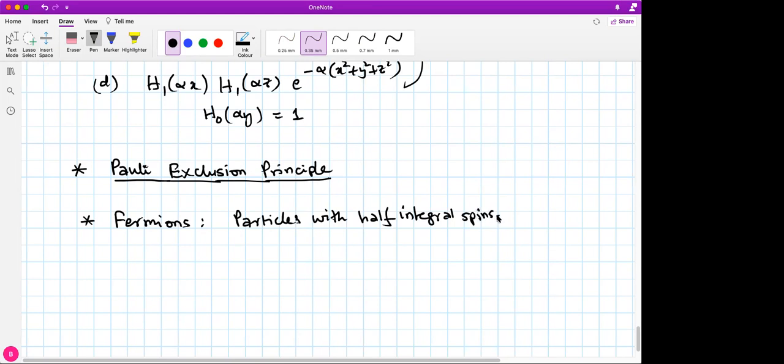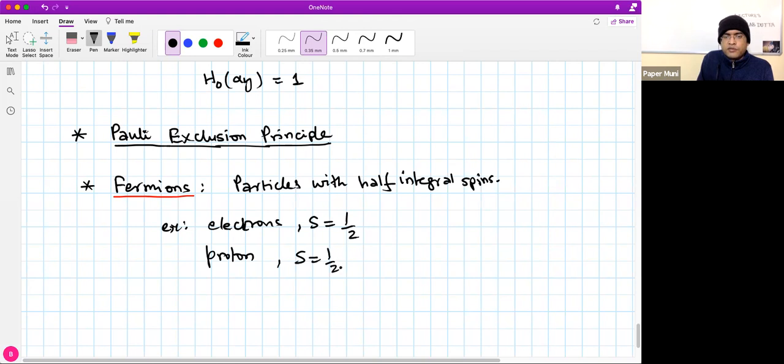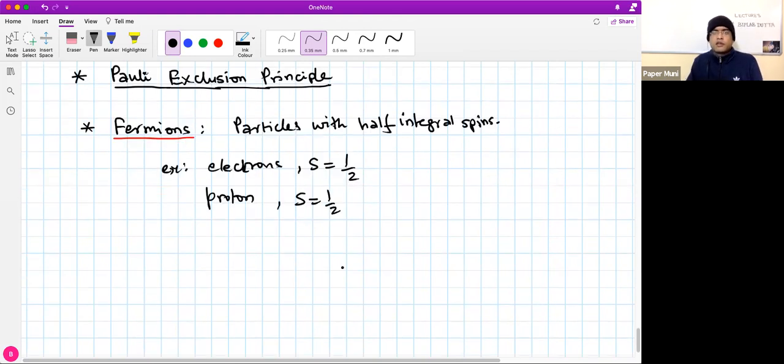Okay, now let's take an example. What are the examples you can have? The simple, straightforward ones are electrons. You have electrons, the spin for this is half, and you have a proton. Okay, so in this case also the spin is half. All right, we can have many examples, but these are the mostly asked particles in a question. Okay, now let's talk about bosons.